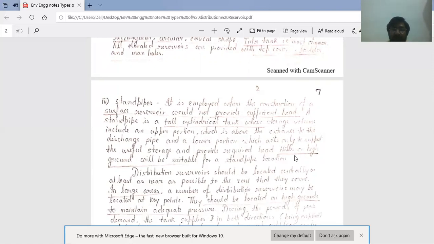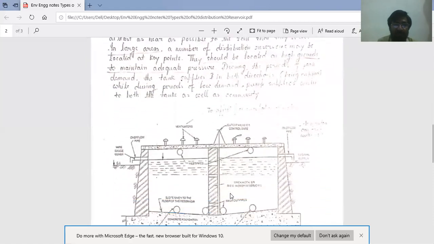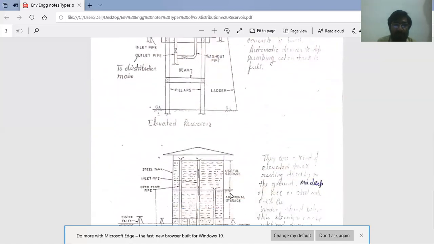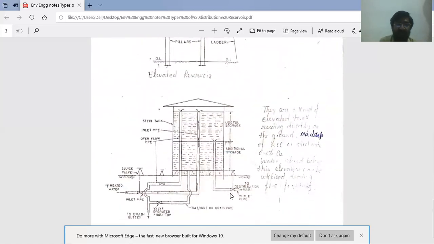Hills or high ground will be suitable for a standpipe location. Distribution reservoir should be located centrally or at least as near as possible. First of all, figure of standpipe. This is the standpipe. This is the elevated tank resting on the surface, not on columns or pillars.